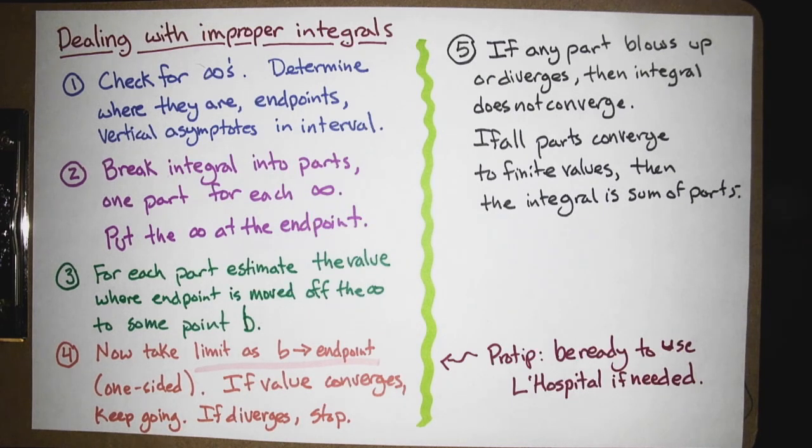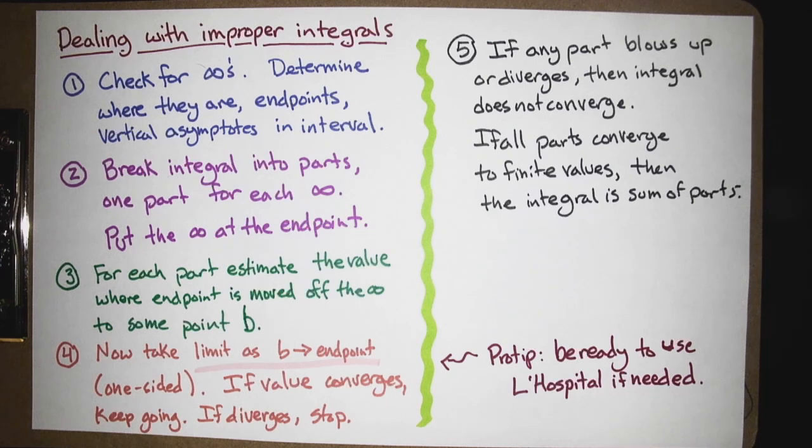So the first few steps are setting things up. We look for the infinities. Where are they? Are they at endpoints? Are they in the middle? Do we have vertical asymptotes? Make sure you know where your infinities are. Now, after you've done that, break the integral into parts, essentially one part for each infinity. In other words, we don't want to have multiple problems in one integral.